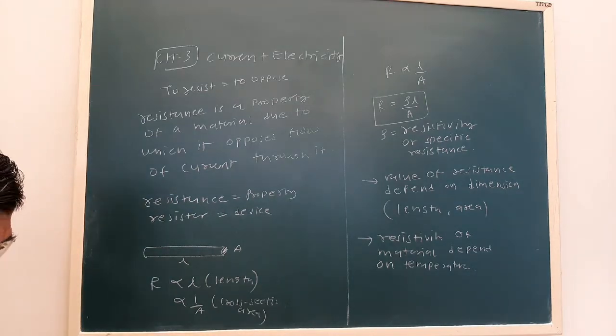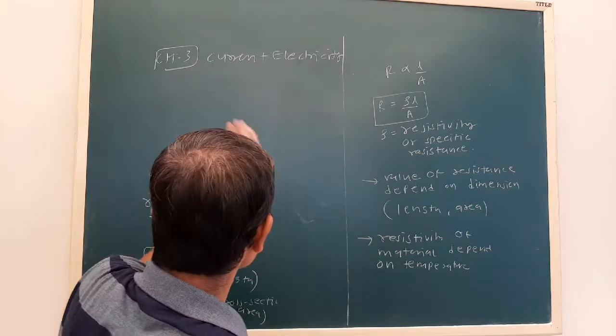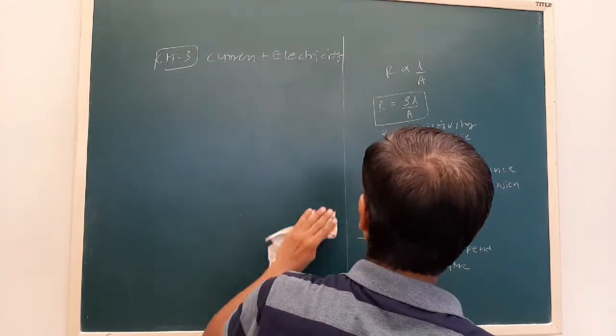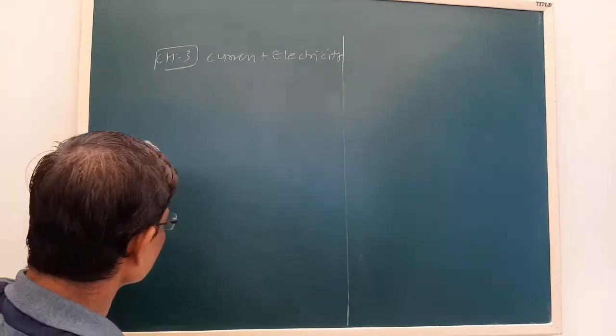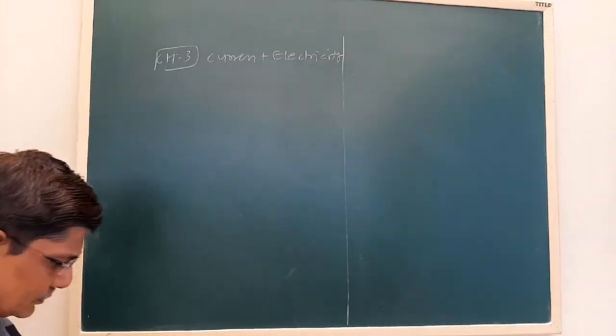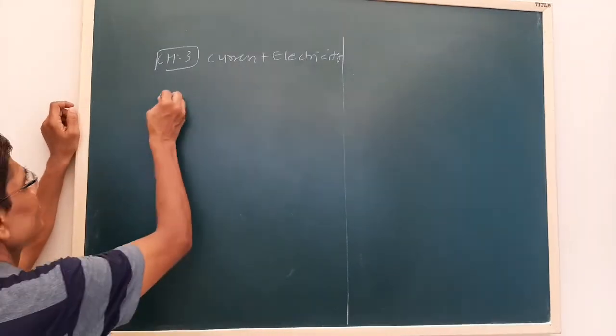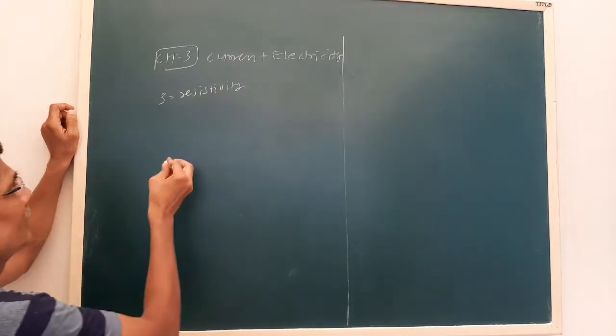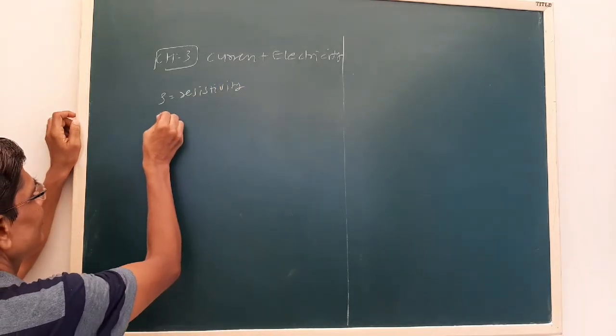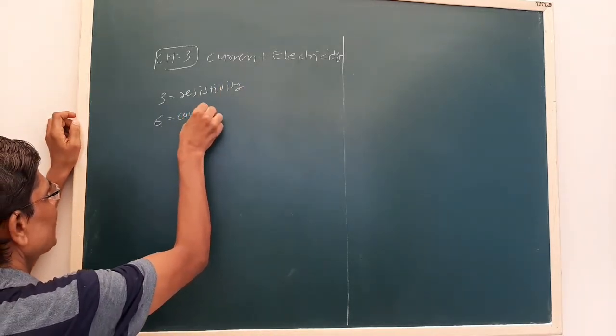Next we have to see the vector form of Ohm's law. This can be asked in a 2 marks question. Now just now I talked of resistivity. Rho is resistivity. The reciprocal of resistivity is sigma, which is conductivity.